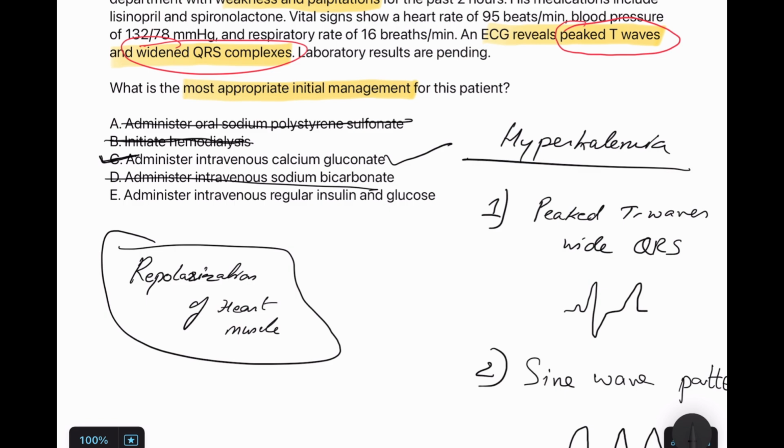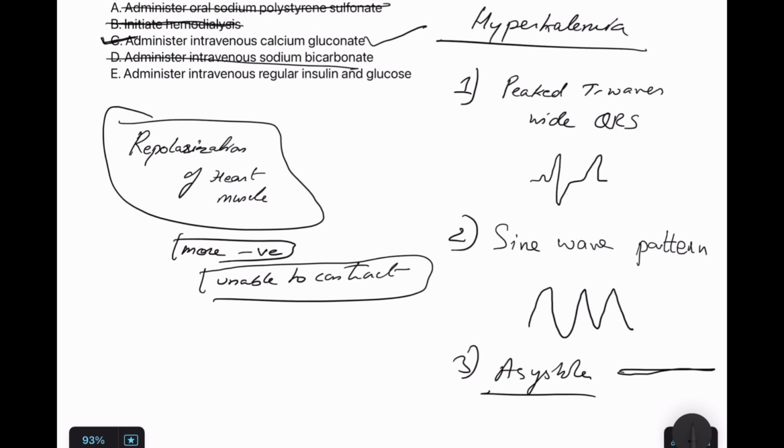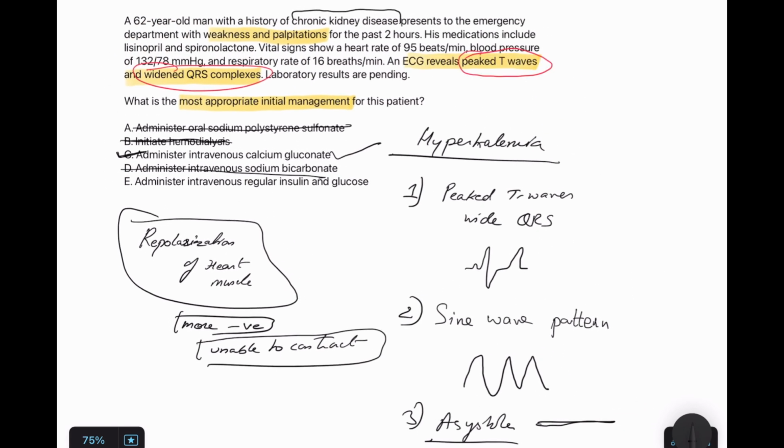It basically means that it makes the heart muscle cells more negative and unable to contract. So now the heart muscle is not able to contract properly, and this causes arrhythmia, and eventually it will lead to cardiac arrest.